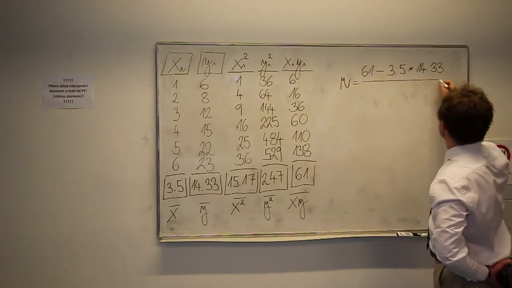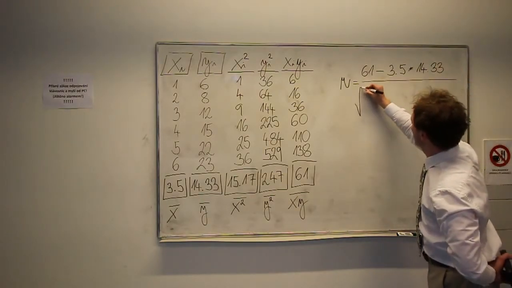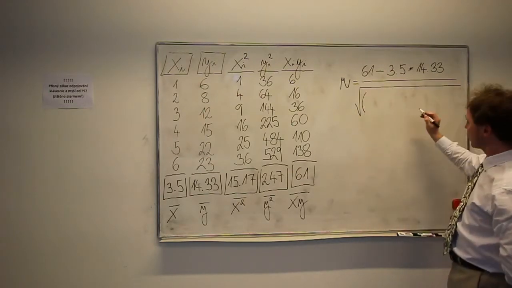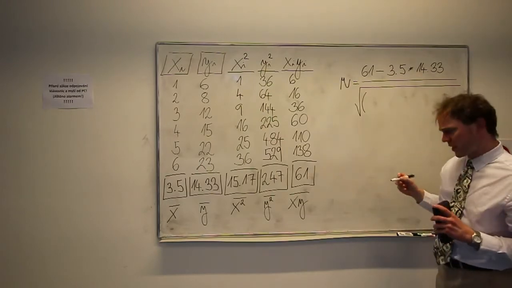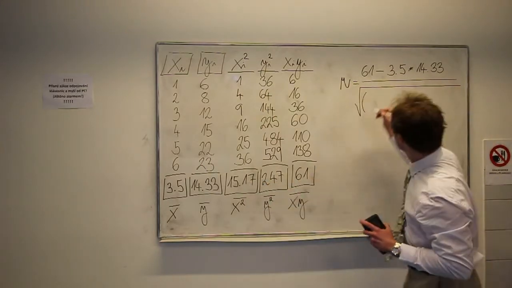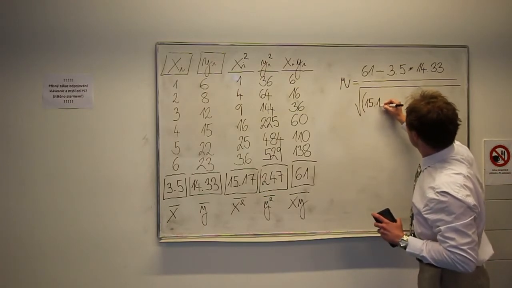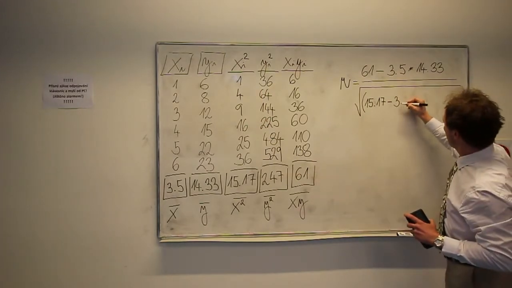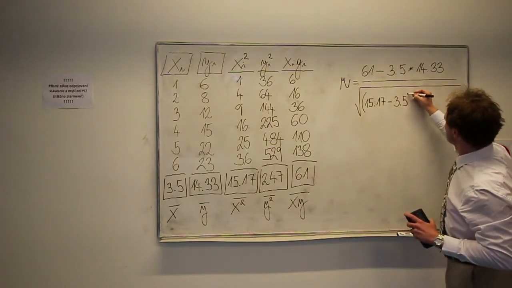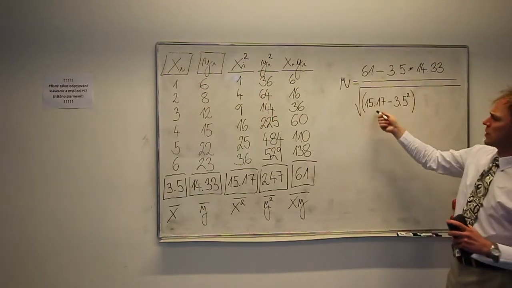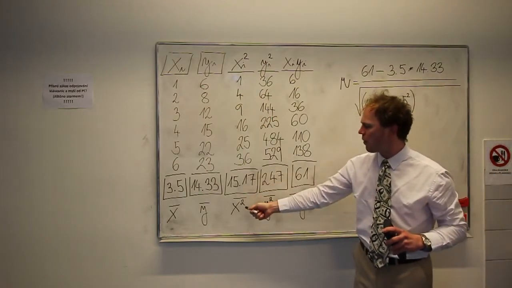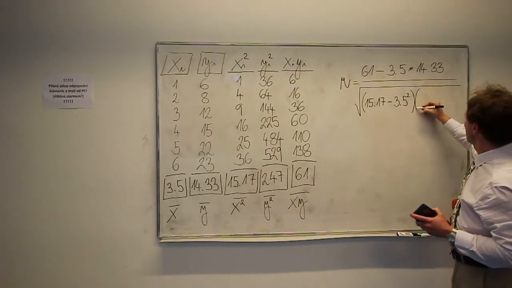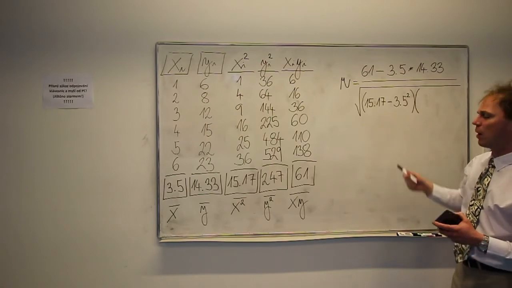So this is the numerator, and in denominator we can find the multiplication of two parentheses. In the first one we have 15.17 minus 3.5 squared. Yes, so this is the mean calculated from second power of x, and that is the mean of x in squares. Yes, and multiplication, and the same for variable y.